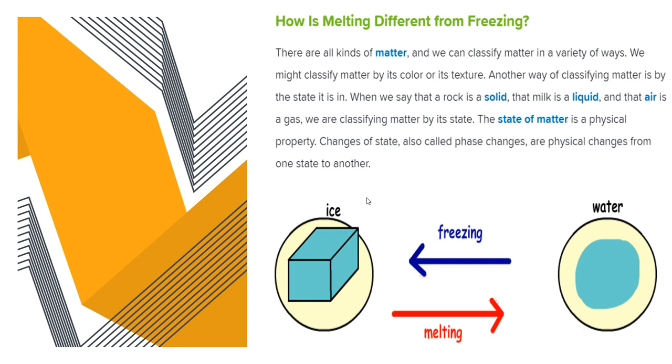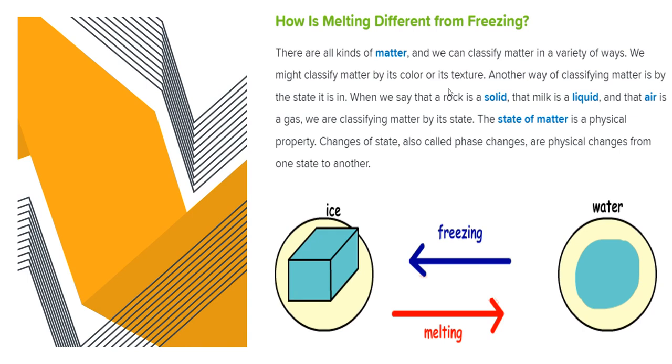Now I know qualitative data means to describe. So if I'm classifying matter by color or texture, is that quantitative data or qualitative data? That's going to be qualitative data because it's describing the properties of matter.